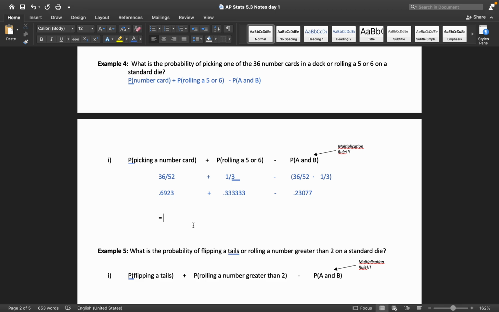And that final probability would be 0.795, or 79.5% chance of either getting a number card or rolling a 5 or 6. So there's a pretty good probability that one of these three things happens. Either you pick a number card, you roll a 5, or you roll a 6.